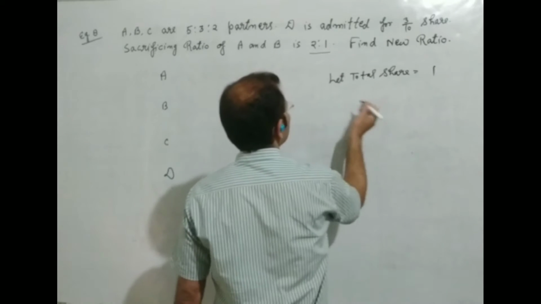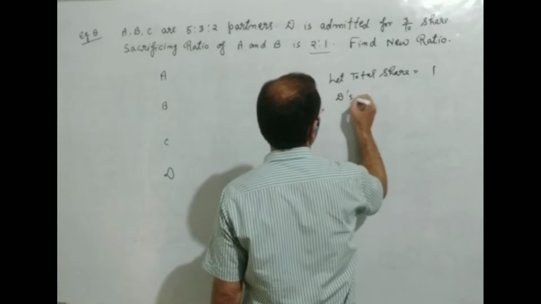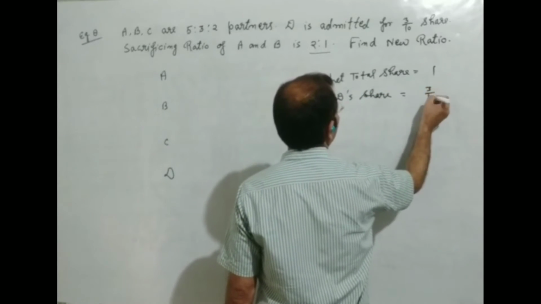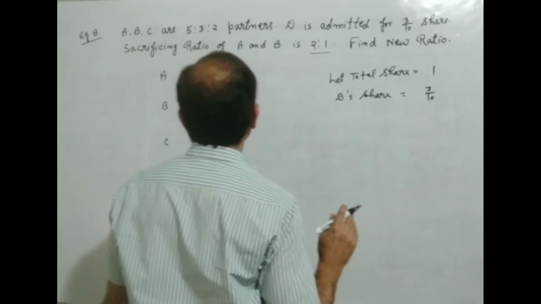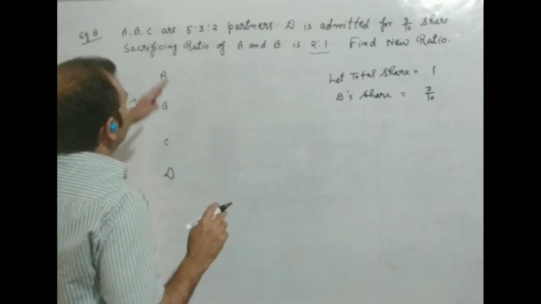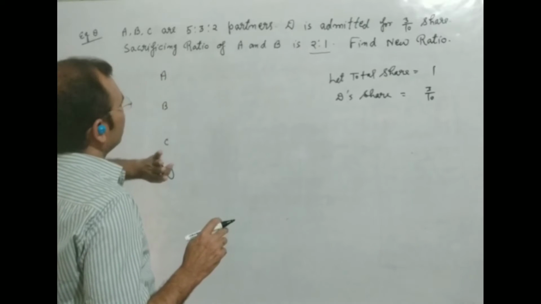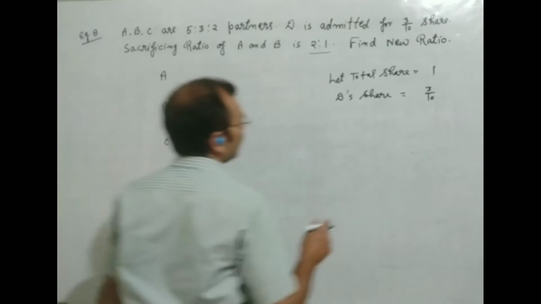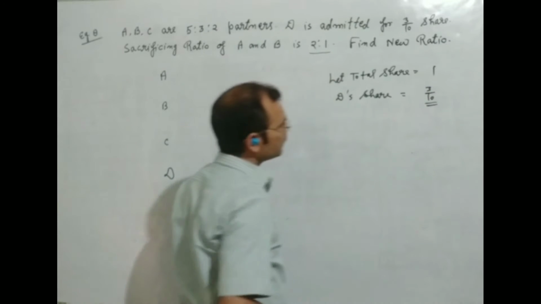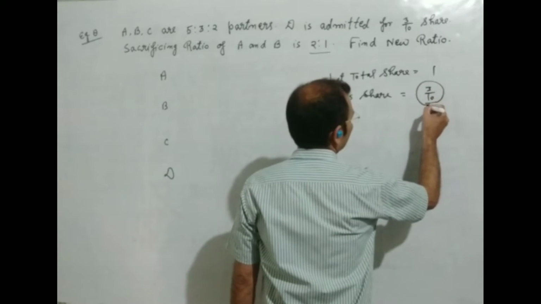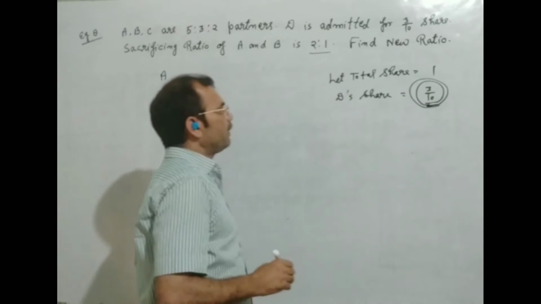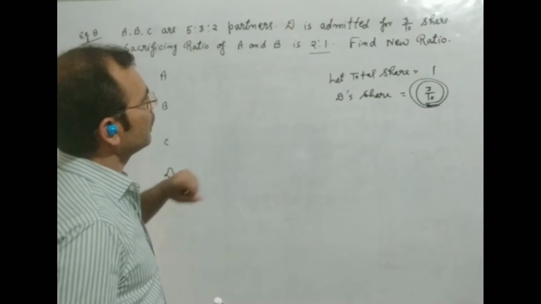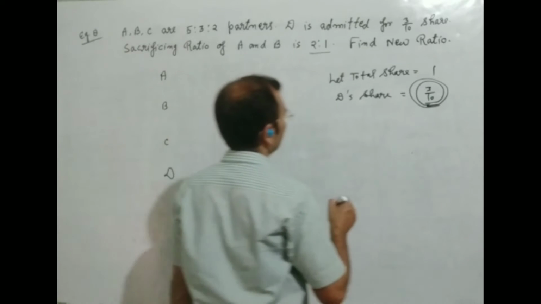D's share is 3/10, and C's share is unaffected. Now this 3/10 will be fulfilled by A and B, and their ratio is given in the question, 2:1.